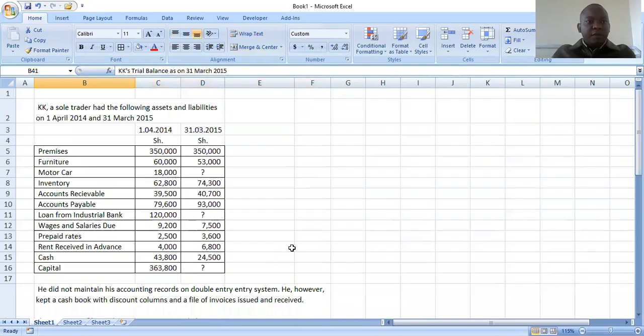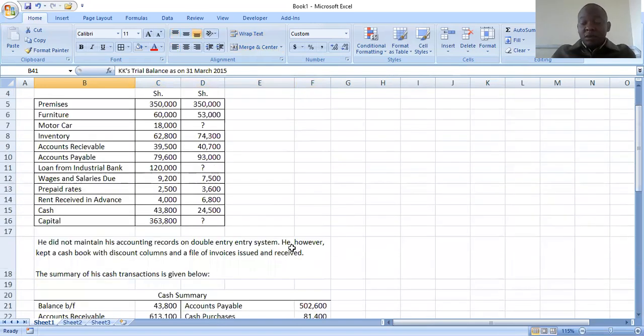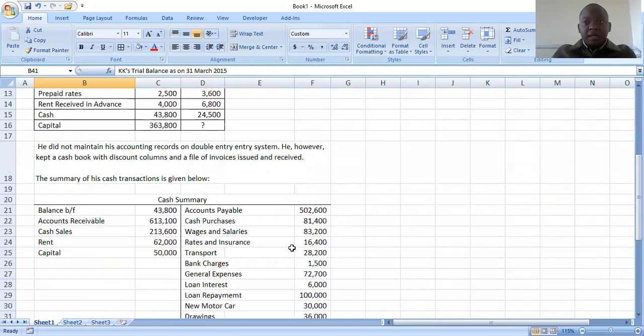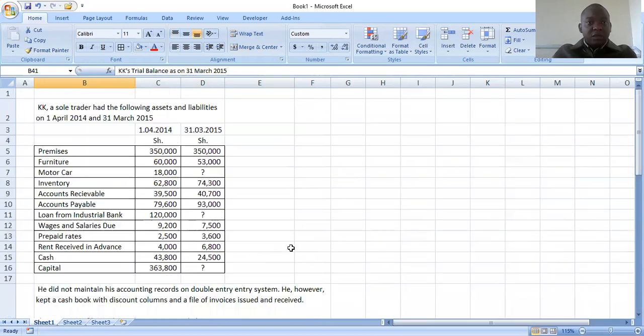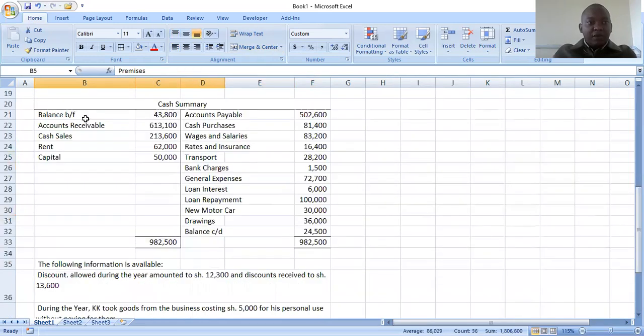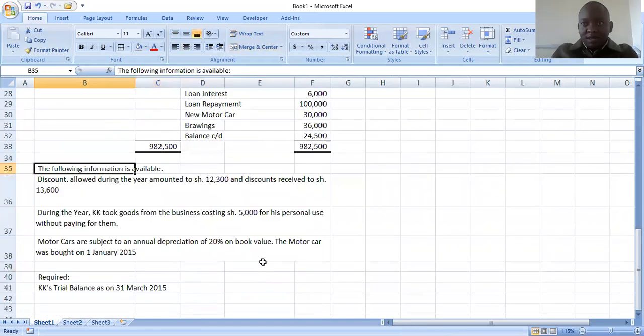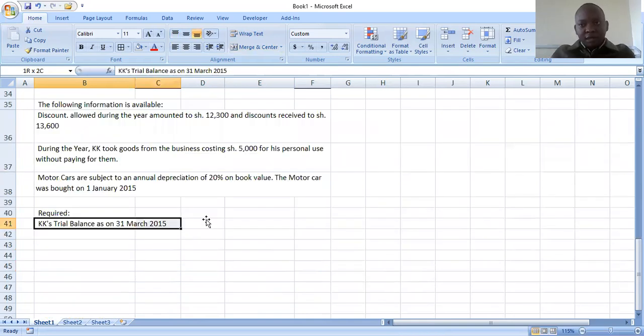So these records have been kept on the single entry system of accounting. They are incomplete. We have the list of balances at the beginning and at the end, and we have the cash summary and the additional information. So we are required to reconstruct these records into the double entry system in order for us to be able to prepare the trial balance as on 31st March 2015.